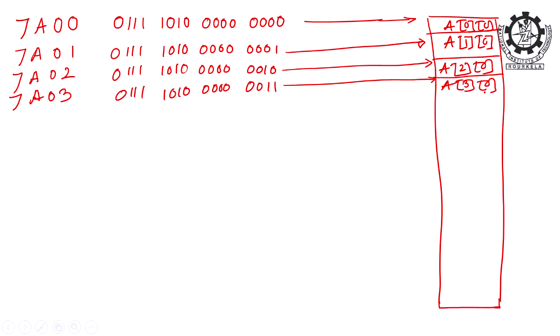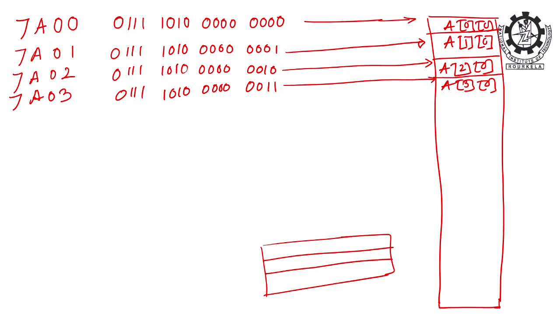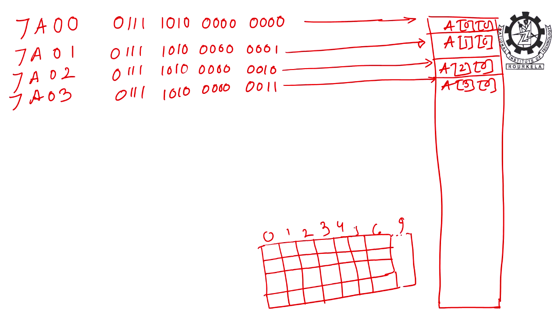That means you have an array, it has 4 into 10, rows and columns. So, 1 2 3. So, you have 0 1 2 3 4 5 6. So, last one will be 9.